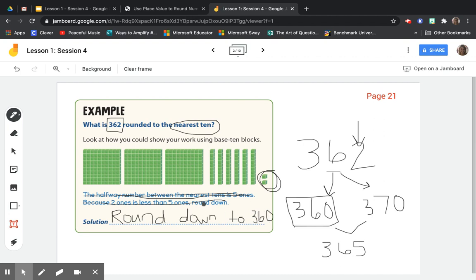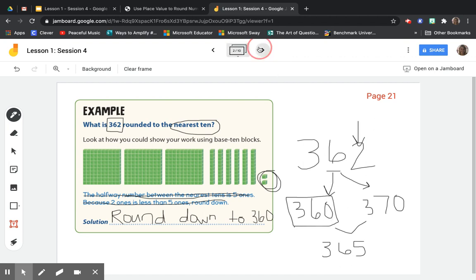Now, if you are a genius, and this does make sense to you, the halfway number between the nearest tens is 5 ones, because 2 ones is less than 5 ones, round down. That's amazing. We're looking at that in the same way. We're just using different language, okay?